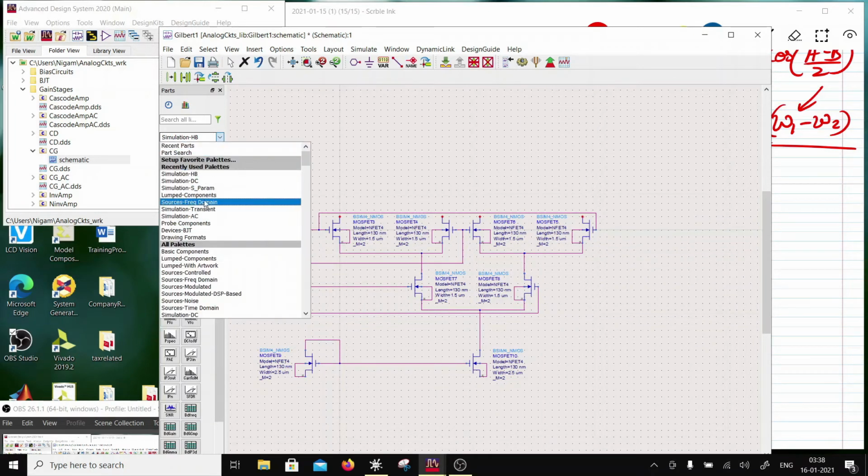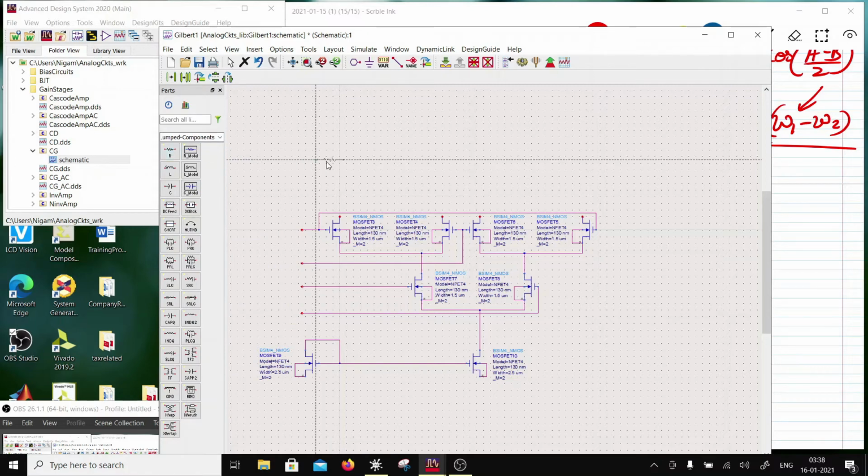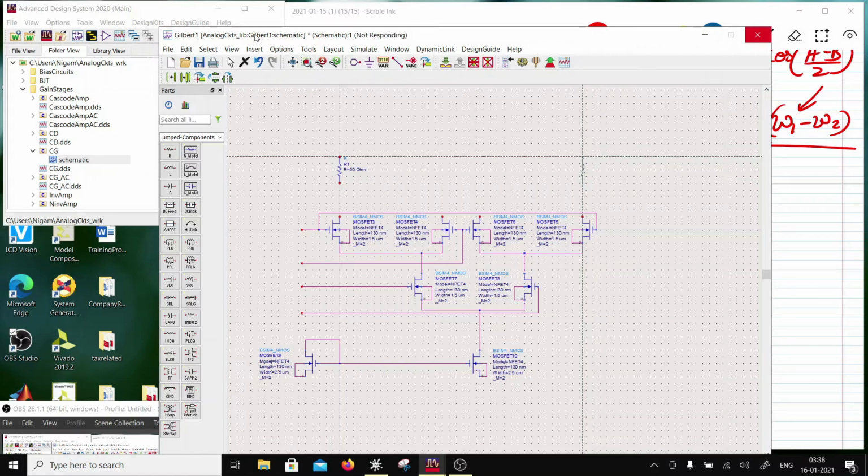Go to lumped components and I'm going to put 2.5k over here and 2.5k over here. Later I can change them if I want. Where is it stuck, and why is it stuck? Okay, so this is 2.5k.